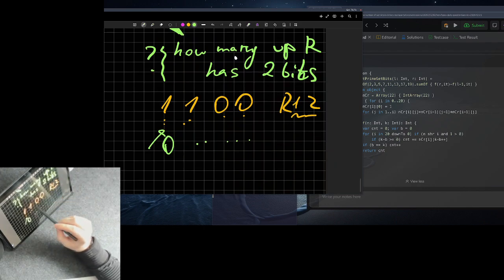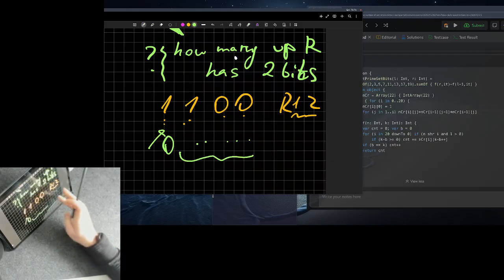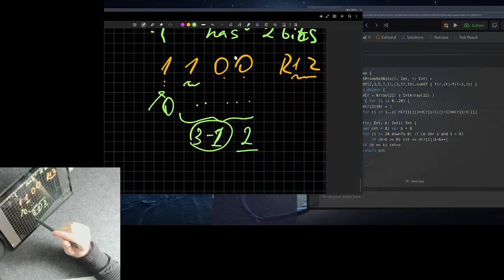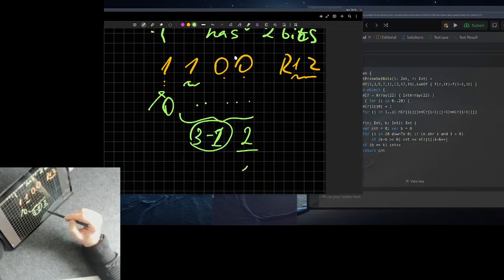We know we have a total count of places, like 3. We know that there is a 1 bit to the left, so only 2 vacant places, and this bit is 1 in 2 different positions. So it is NCR of 2, 1.